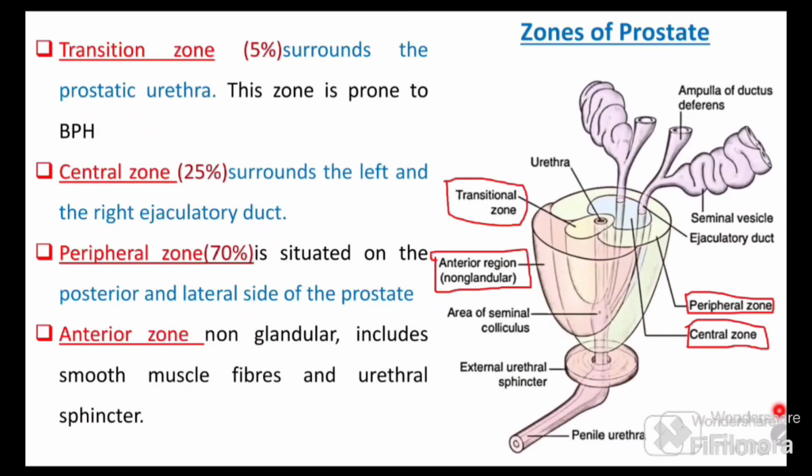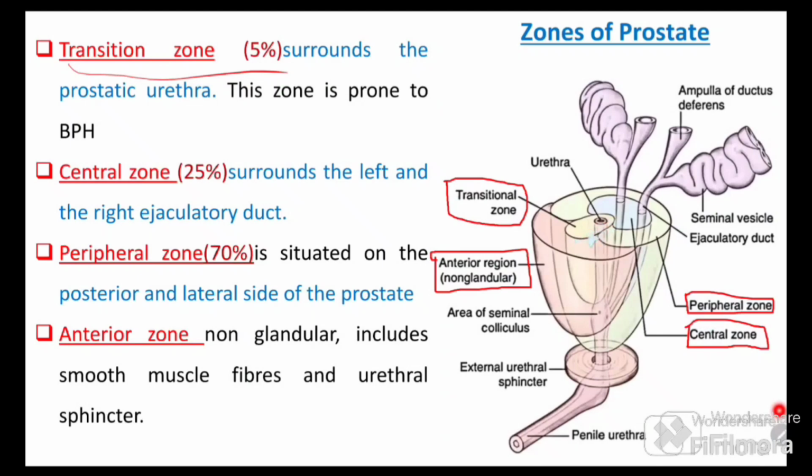Now, what are the zones of the prostate? Surgeons normally consider the zones rather than the lobes of the prostate gland. There are four zones. The first one is the transitional zone, which surrounds the prostatic urethra.